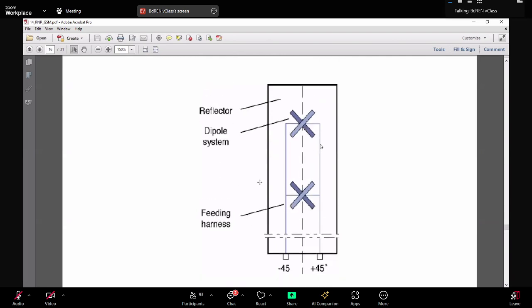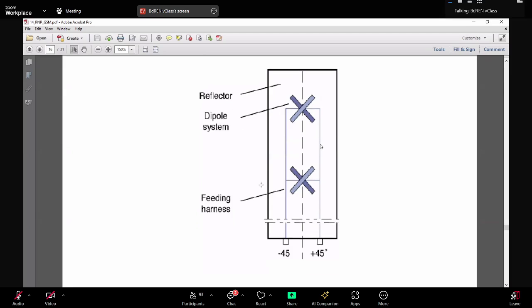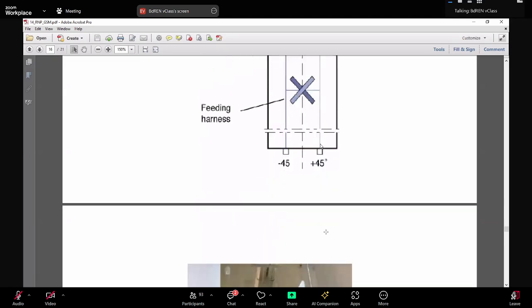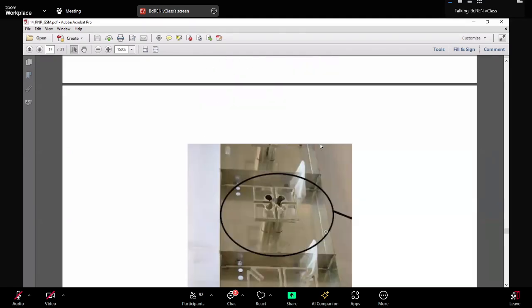So it may look like a casing, but the casing is actually a metallic one with the backside working as a reflector. So the antenna has some significant radiation in the reverse direction.